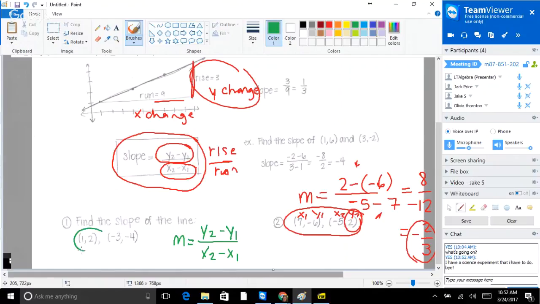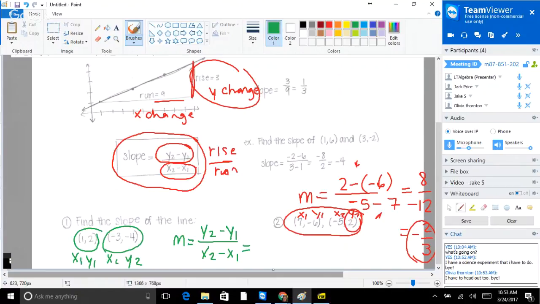If you have 2 points, it doesn't matter which ones are your y2, x2, y1, x1, as long as you keep them consistent. So that's why I always just randomly label mine x1, y1, x2, y2, so I can just plug in and get the right answer.